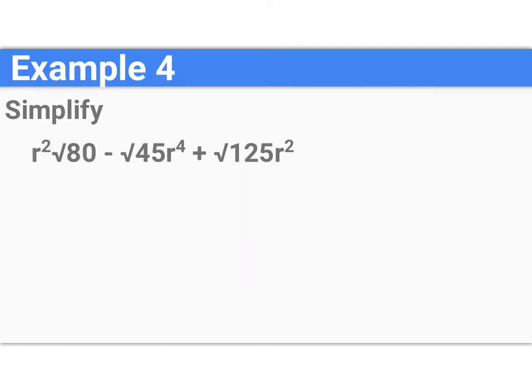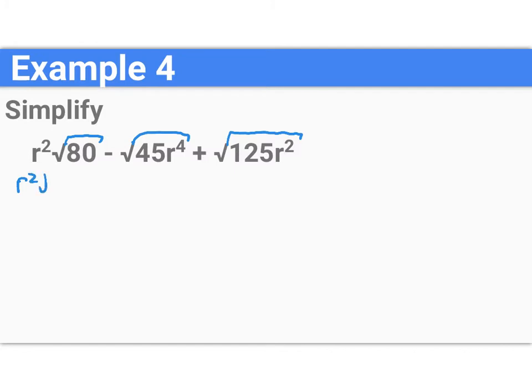Okay, so let's look at our next example. Okay, so what we have here looks crazy, but it's very simple. Okay, so r squared, 80 times 10, 4 20s. So I'm trying to think of perfect squares.